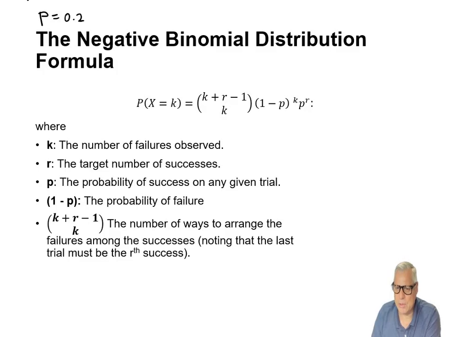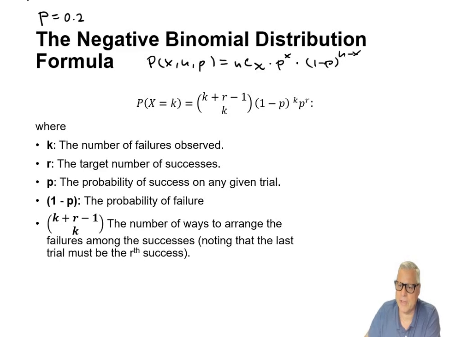The binomial distribution asks: what's the probability that we have x successes in n trials when the success probability is p? And this is n choose x times the success probability raised to the successes times the failure probability raised to the number of failures.